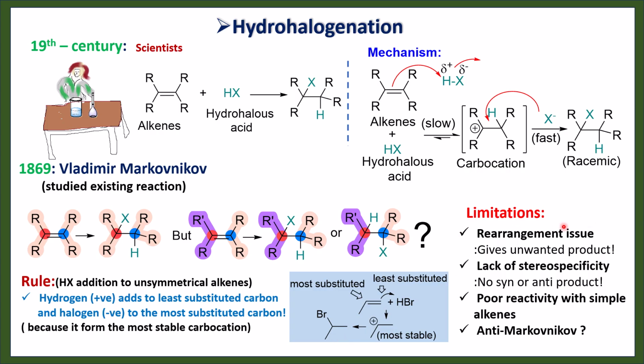A limitation of these hydrohalogenation reactions is the rearrangement issue, which sometimes gives unwanted products. There is also a lack of stereospecificity because of carbocation formation, so there is no syn or anti product, as we saw earlier. Another limitation is poor reactivity with simple alkenes; when the alkene is very simple, the reactivity is very slow or even very poor.